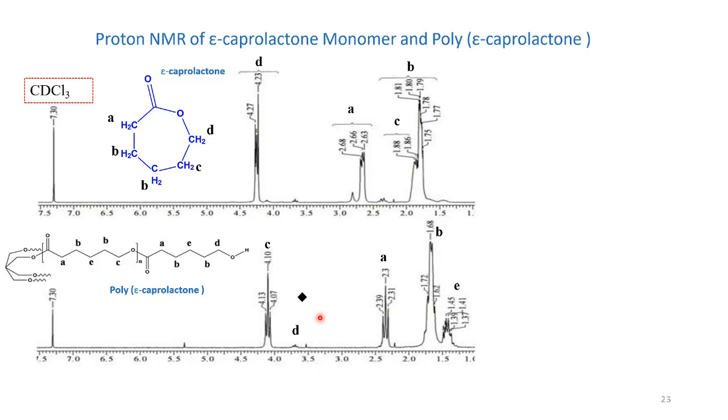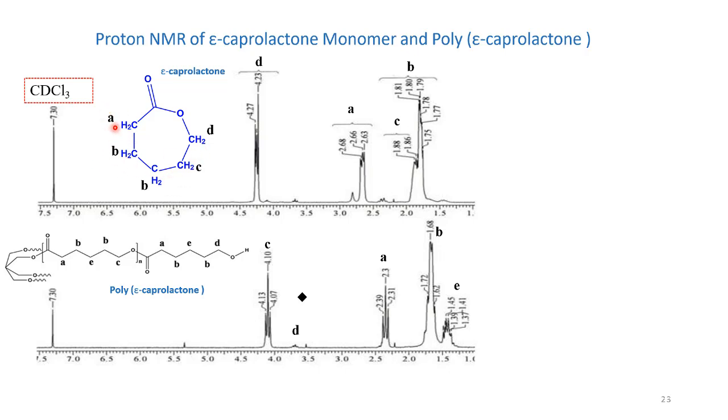Here is an example of a monomer and a polymer. This is the structure of caprolactone, which has CDCl3 as a reference. So we have CDCl3 here, and different peaks will be obtained for different protons.